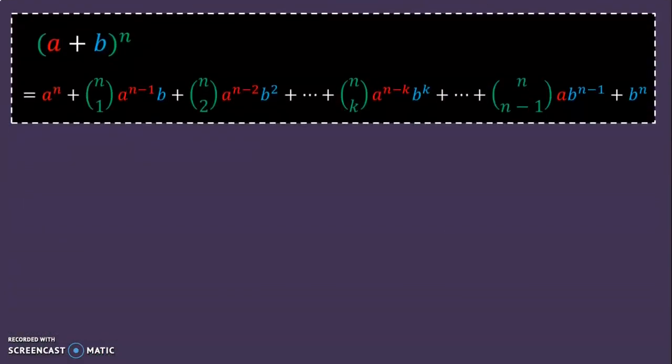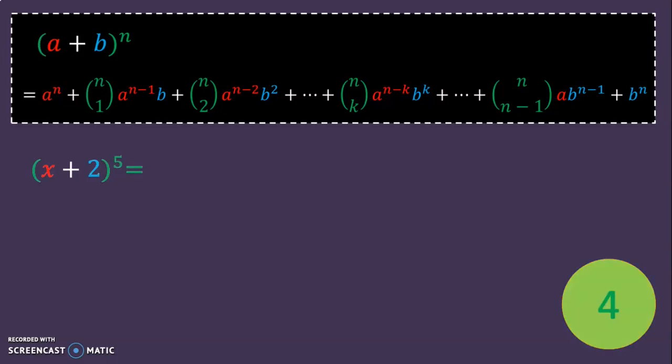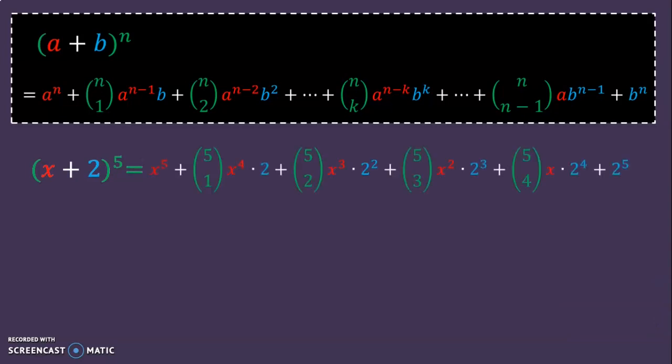And now, let's look at the last example in this video. Can you calculate the binomial x plus 2 to the power of 5? You can use the formula above, calculate all the coefficients, and after that multiply out all the numbers, then we will get the final answer.